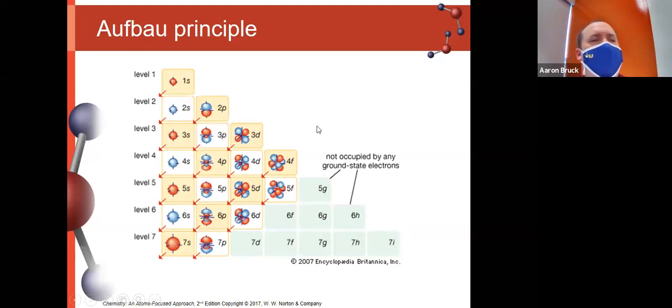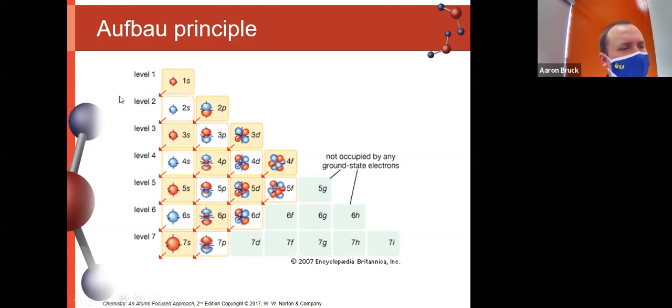Now, there are a lot of different ways of remembering the Aufbau principle. This is a common way. You can see this one is copyrighted by the Encyclopedia Britannica from 2007. And sadly, this diagram hasn't changed too much. This is actually a diagram that existed well before 2007 and is still highly in use now.